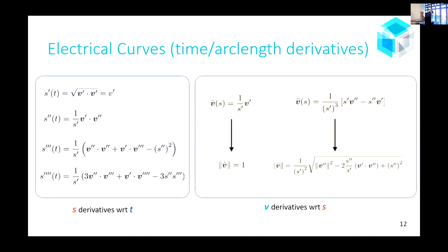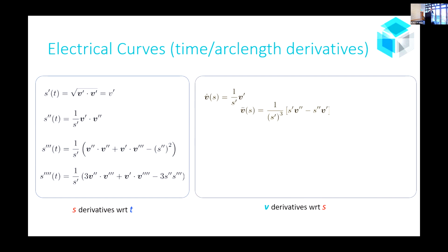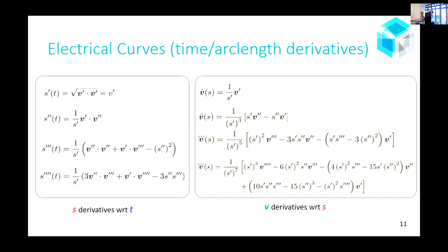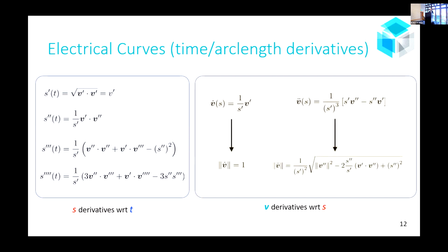As can be seen, the relationship between the time derivatives and arc length derivatives is algebraically complicated as the order of the derivative increases. So they are not as simple as the first derivative. It's interesting to know that.